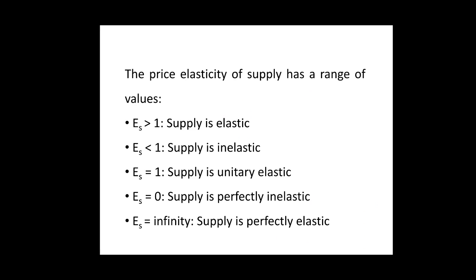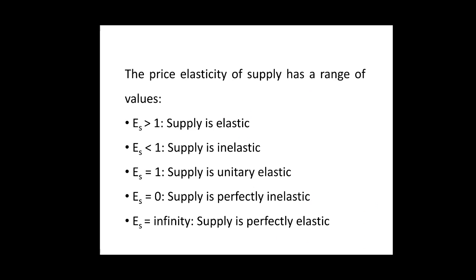That is, percentage change in quantity supplied is less than the percentage change in price. Under this situation, the numerical value of elasticity of supply will be less than 1 but greater than 0. Dear students, inelastic goods are often described as necessities.